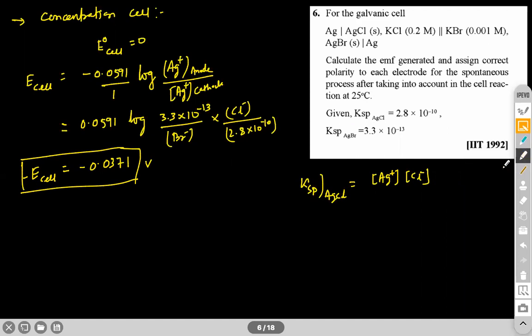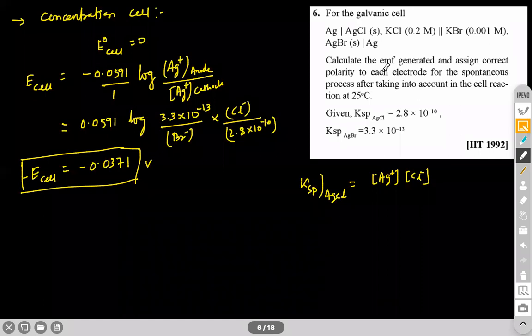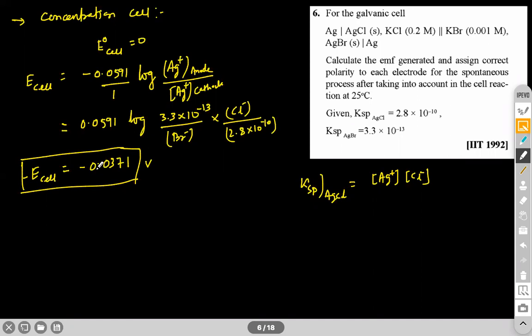So as the cell potential is negative, it means the cell reaction is non-spontaneous, right? Hence, what is the correct cell? It should be the other way, right? Means the anode here must be cathode, and cathode must be anode, right?